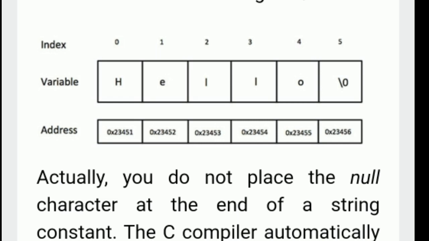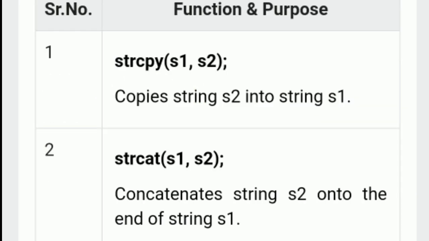For example, if string s1 is Ravu and s2 is Srinivas, after Ravu you can put Srinivas. The third one is strlen(s1), which returns the length of the string, the total number of characters included in the string.